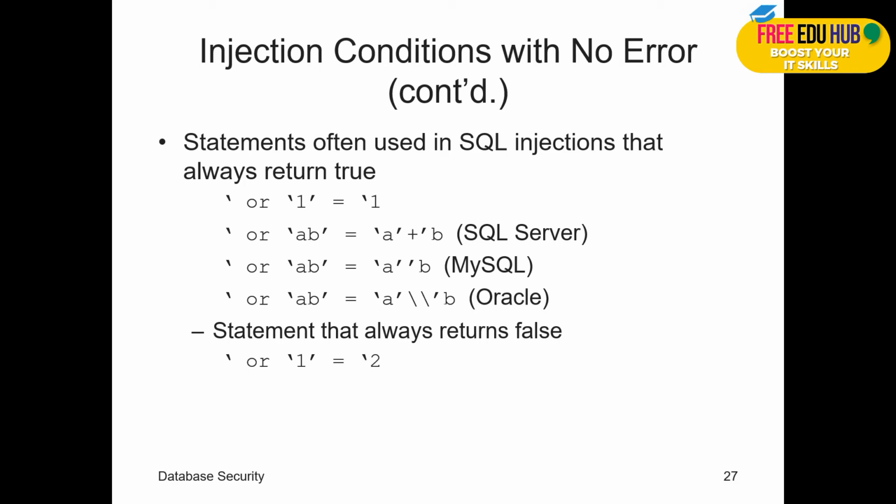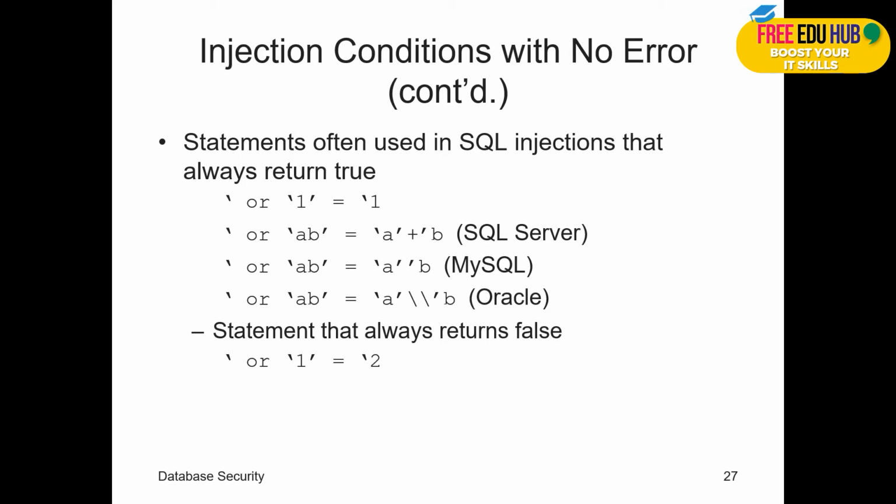We know it's always 1 is equal to 1. Then the syntax is different if you are testing for SQL injection on a server which is using SQL Server, MySQL or Oracle. The only difference in the syntax is that in the URL, after the complete path from where you're trying to get the information, if they write 'AB' is equal to 'A' plus 'B', and it works, it means that in the back end it's SQL Server running.